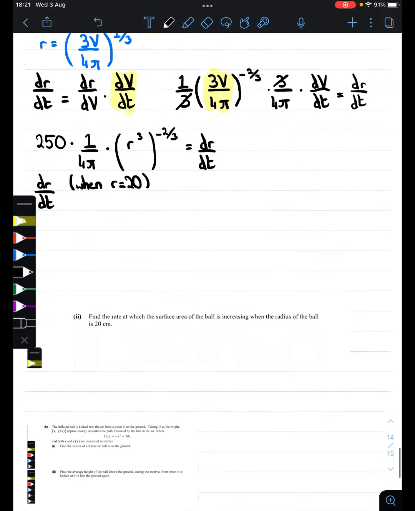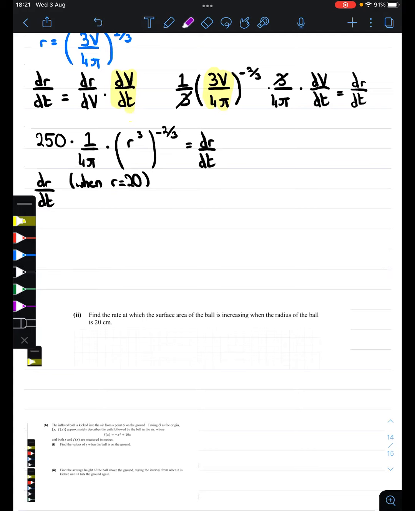Okay, so the dr dt that we're looking for equals 250 over 4 pi times 20 cubed to the minus 2 over 3.